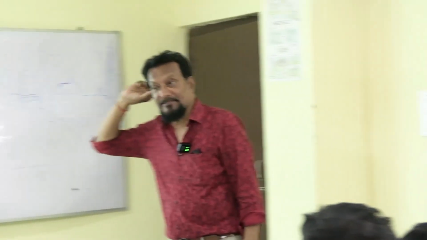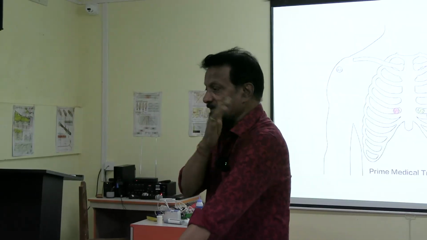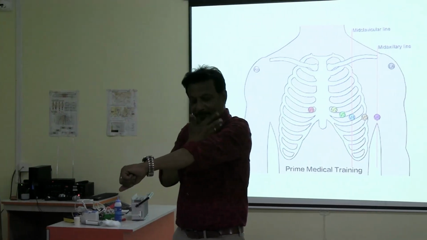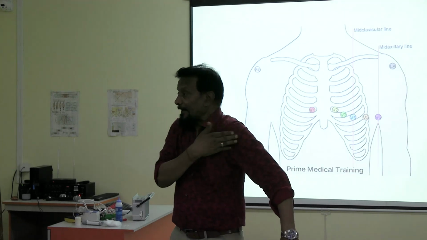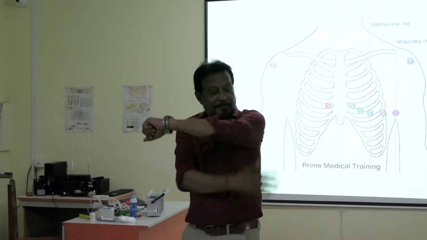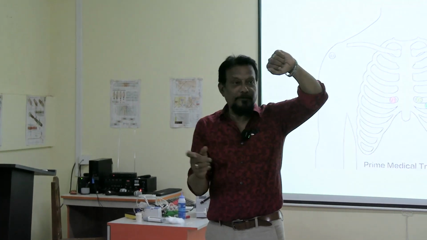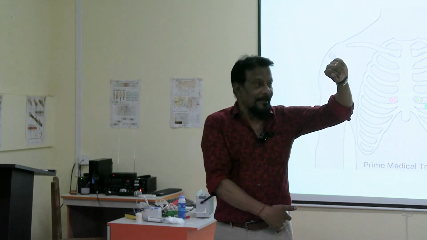Now V5 and V6. Where do you have to place them? This is the axilla. It has three imaginary lines: the anterior axillary line, the posterior axillary line, and the mid axillary line. My points of interest are the anterior axillary line and the mid axillary line.